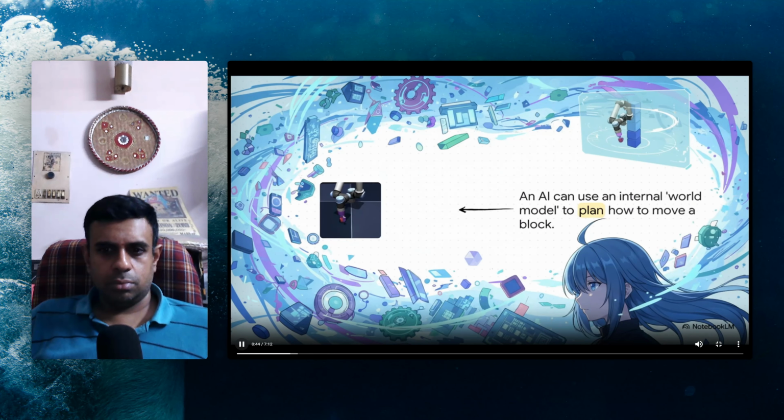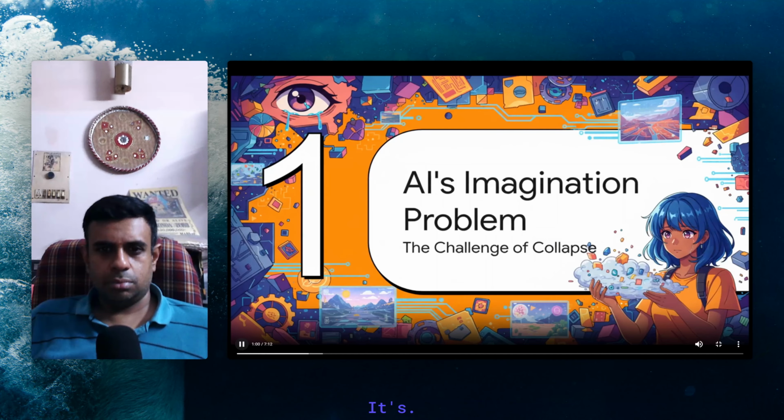It's a real and super important concept in AI research called a world model. Basically, it's like an internal simulator that lets an AI predict the consequences of its actions. So instead of just fumbling around with trial and error, it can actually plan ahead in its own little imagination space. But, and this is a big but, building these world models is incredibly hard. I mean, they suffer from this one fundamental, super frustrating problem that we really need to get into.